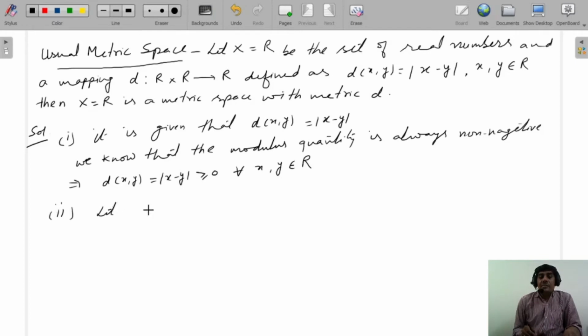Let d(x,y) is equal to 0, then modulus of x minus y is equal to 0, because by the given definition of D, d(x,y) is equal to modulus of x minus y.